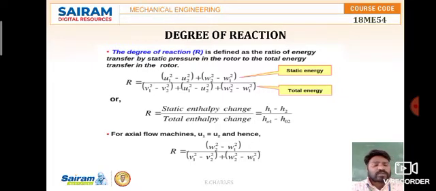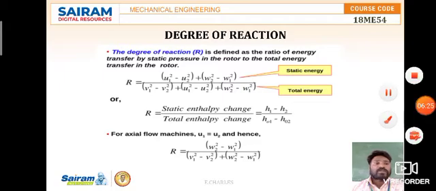Total means even dynamic will come, and dynamic is nothing but V1 square minus V2 square. Both combined give the total energy. For axial flow machines, U1 is equal to U2, then that will be removed, and the remaining degree of reaction formula is R equal to VW2 square minus VW1 square divided by V1 square minus V2 square plus VW2 square minus VW1 square. Okay, thank you very much.